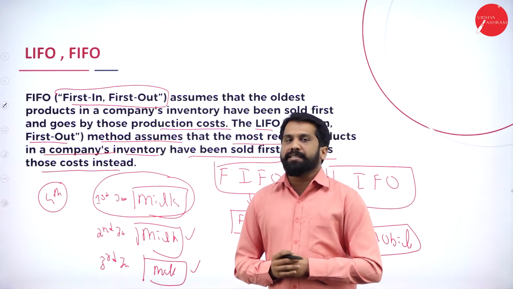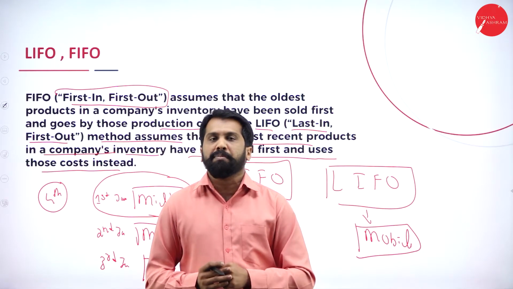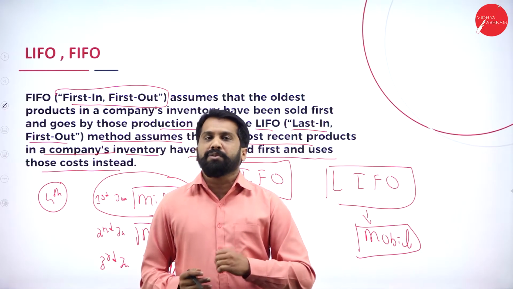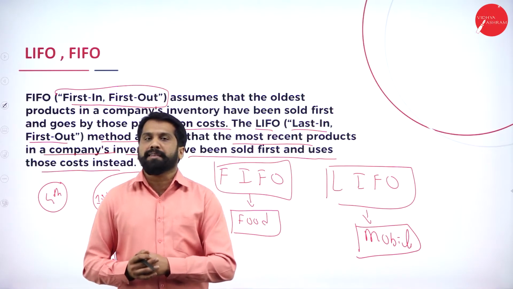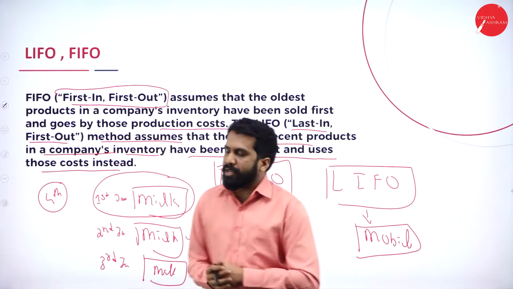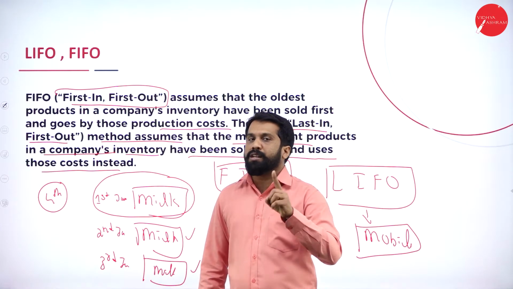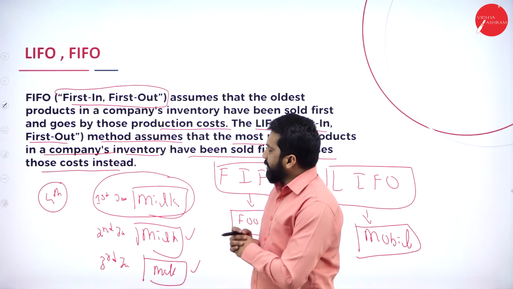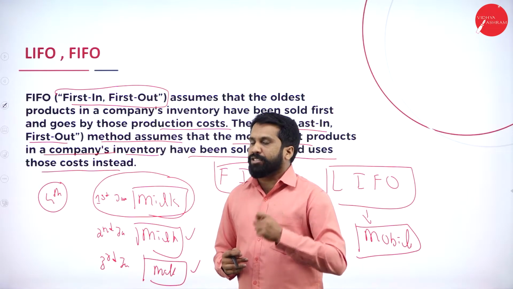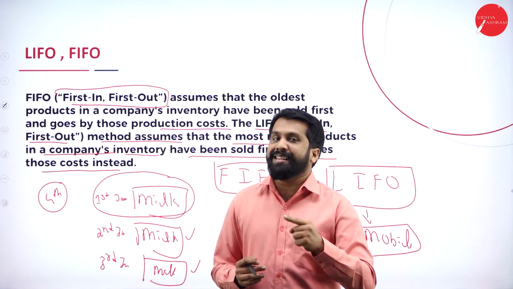Why is it like this? Because milk is a perishable item. Perishable means the longer you keep it, the greater the chance of it spoiling. For that reason, what was purchased on January 1st, you used first; what was purchased on 2nd January, you used next; and what was purchased on 3rd January, you used last.